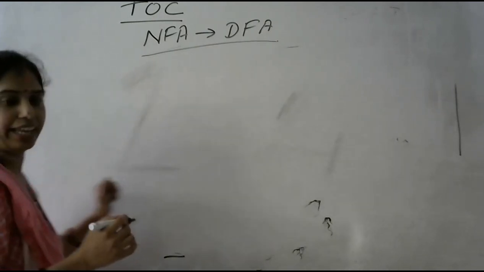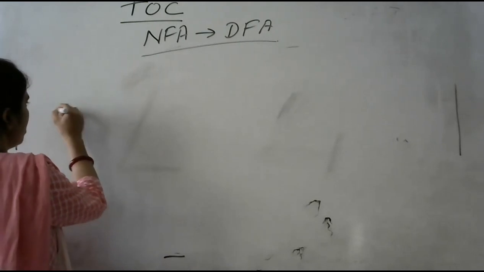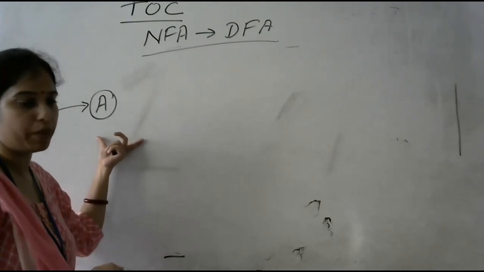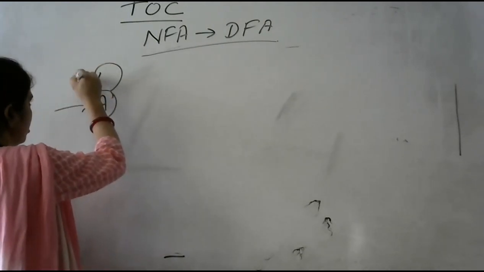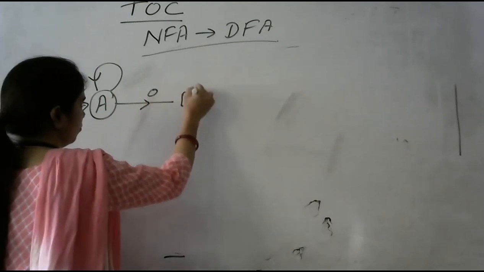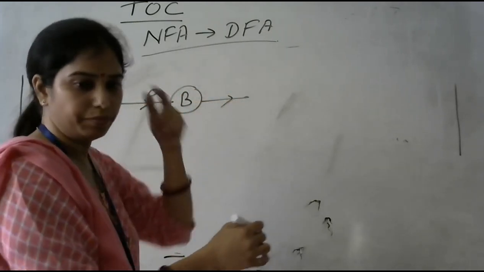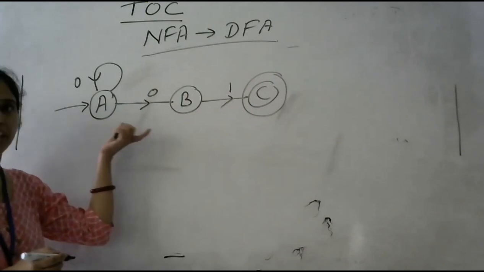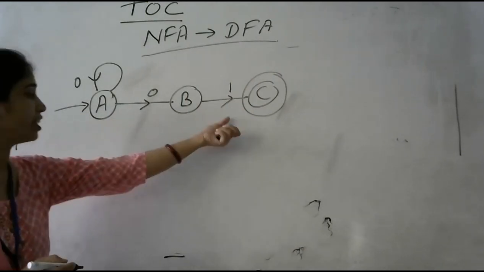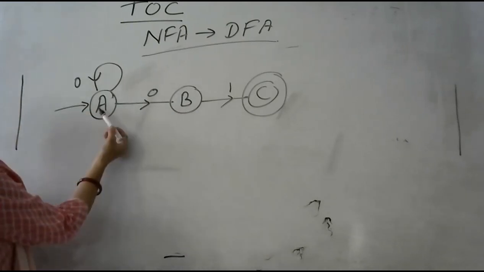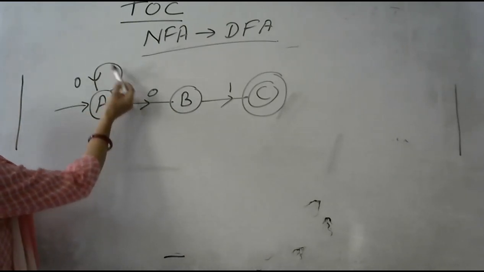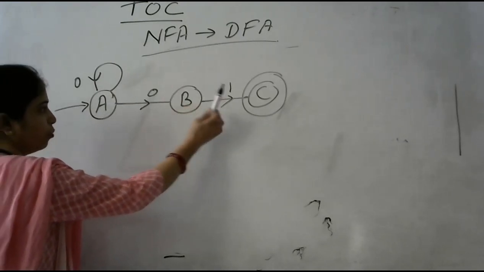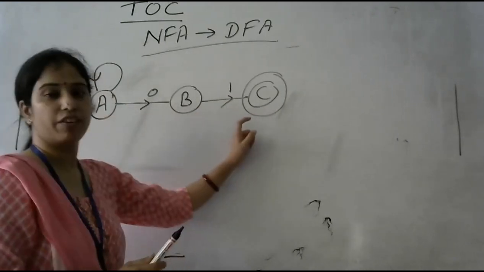Now, let's take an example. We have a machine with 3 states, A, B, and C. From A we read 0 and go to A. From A we read 0 and go to B, and we read 1 from B and go to C. C is our final state.